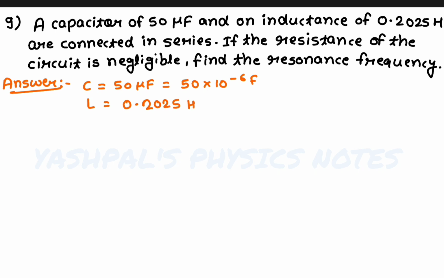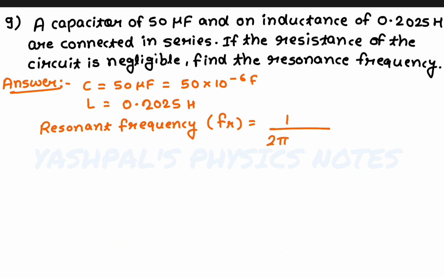Next, this is an LC circuit. In an LC circuit we have to find the resonant frequency. The formula of resonant frequency is given by f_r equals 1 upon 2 pi under root L C. Substitute the values. 1 upon 2 into 3.14.